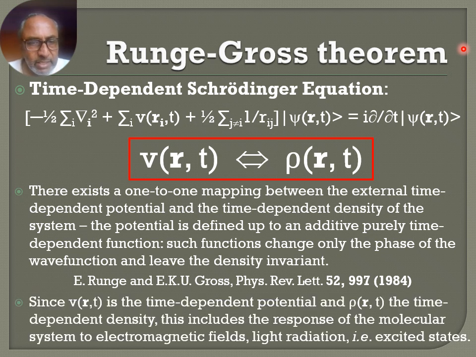Since V(r,t) is the time-dependent potential and ρ(r,t) is the time-dependent density, this includes the response of the molecular system to electromagnetic fields, including light radiation, which can induce an electronic excitation to an excited state.